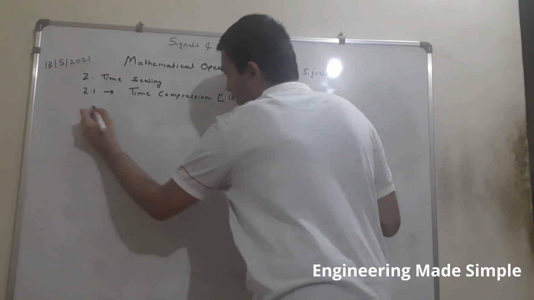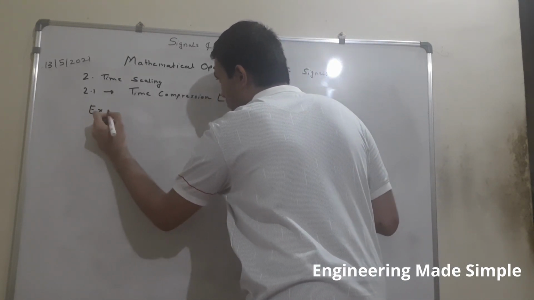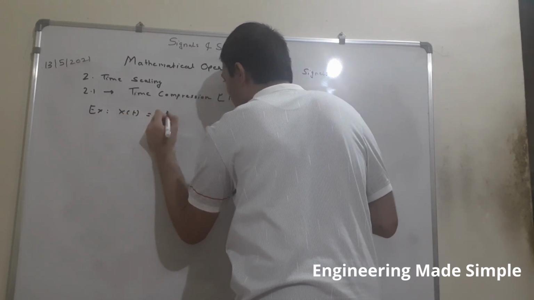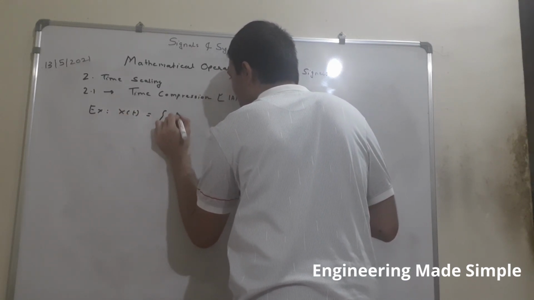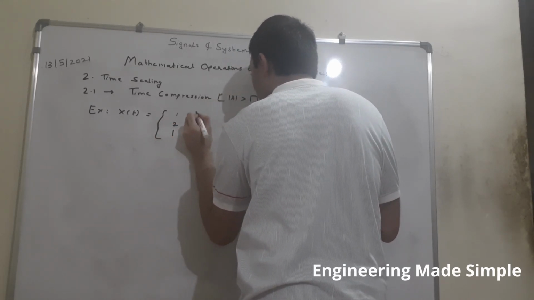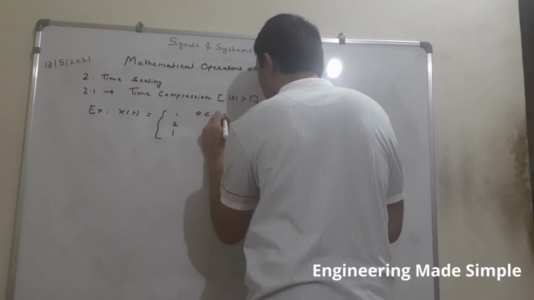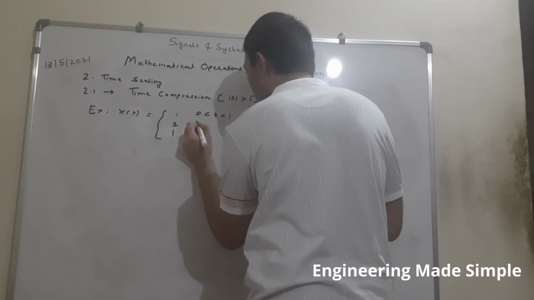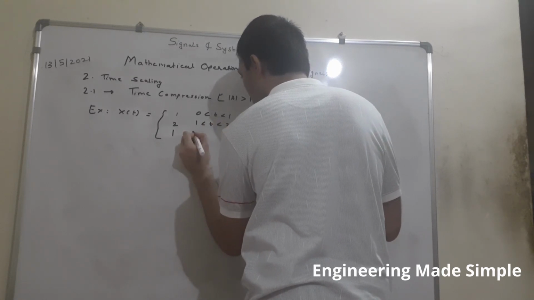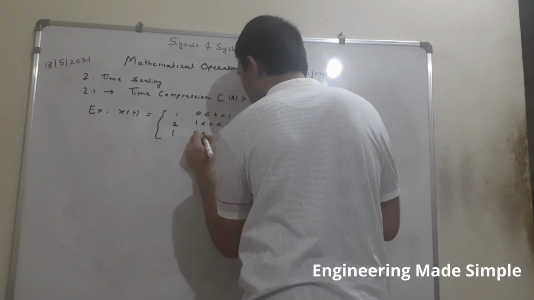So for that we will take an example. For the same signal we will take x of t, whose amplitude values are 1, 2 and 1, over the intervals 0 to 1, 1 to 2, and 2 to 3.